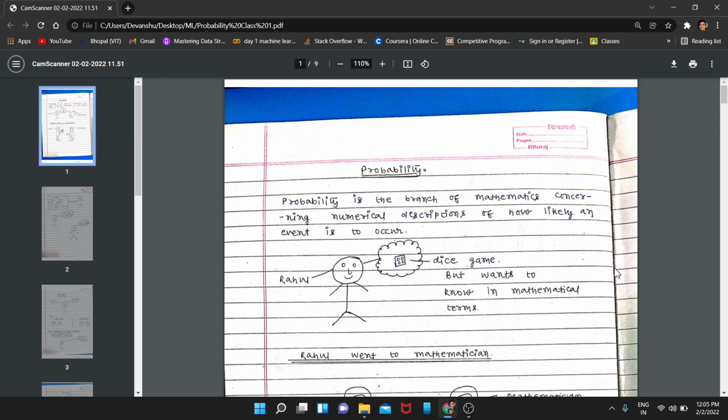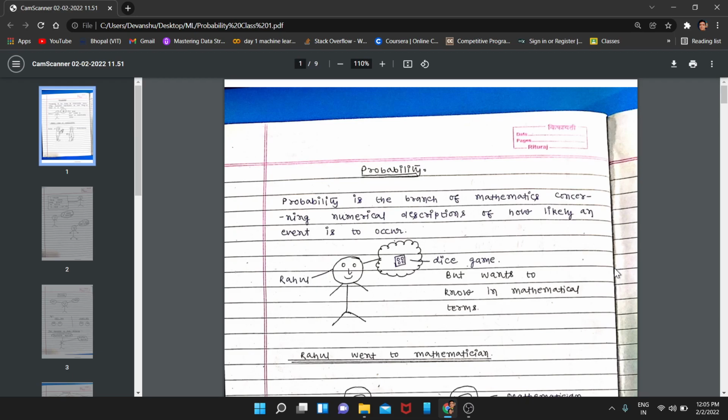A person, Rahul, plays a lot of dice games, and he found that any of the numbers given on the dice can come. Maybe 6 comes, 5 comes, 3 comes, whatever we think may come and may not come.